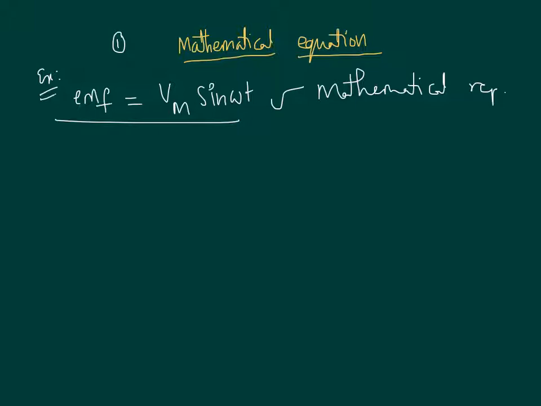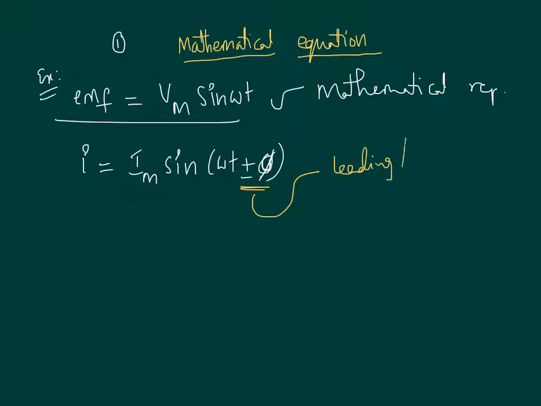It may be in the form of, like, I equal to Im sin(omega t plus or minus phi). This plus or minus can be due to the phase difference, or due to the leading or lagging by phi.